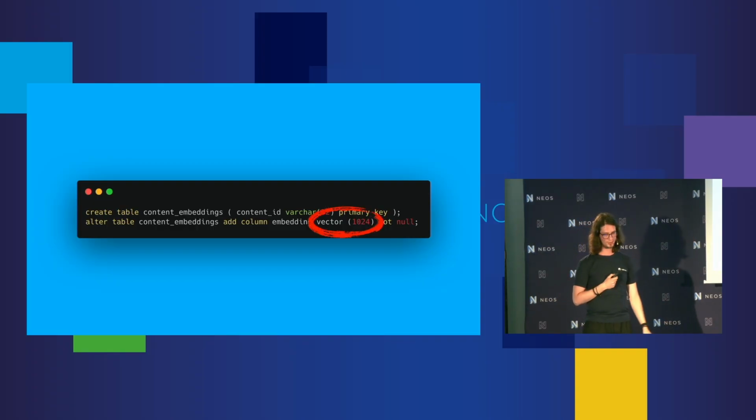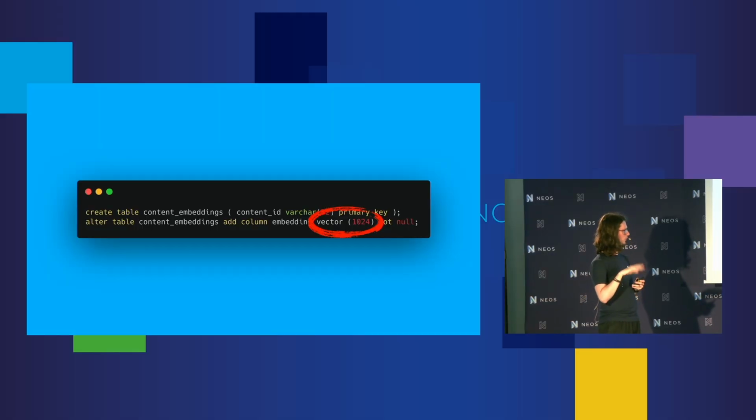That's what this vector data type actually does. And you have to supply how large your vector will be. The disadvantage of this approach is basically when you switch your embedding model. For Mistral, for example, the Mistral embedding model will always return an embedding with 1024 dimensions.